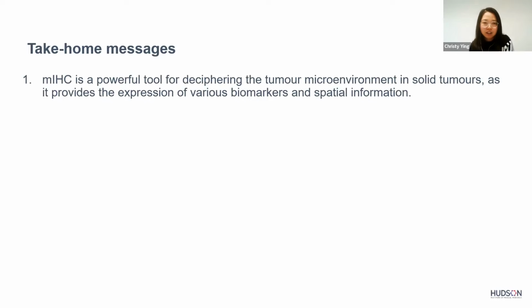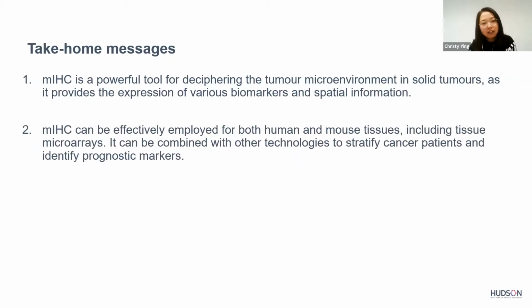The first thing is we now know multiplex IHC is a powerful tool to describe the tumor microenvironment. I think it could be used in most of the solid tumors, because it could provide the expression of various biomarkers as well as the spatial information. It could also be effectively employed for both human and mouse tissues, and we have also successfully applied it in tissue microarrays.